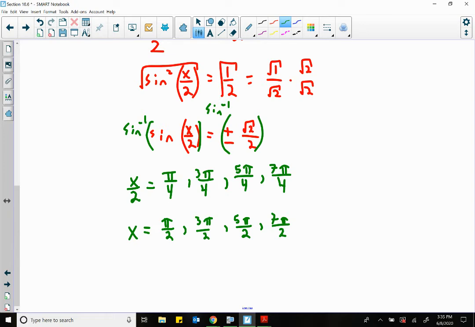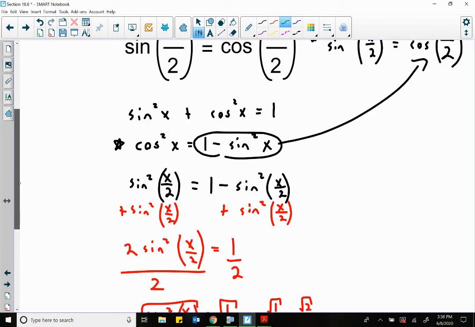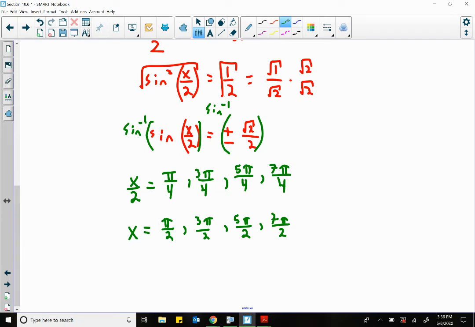Now, here's the thing. Some of these answers you have to throw out. How do I know that? Well, first off, our interval was over 0 to 2 pi. So our interval for x is from 0 to 2 pi.